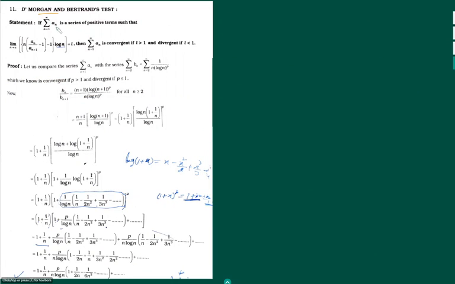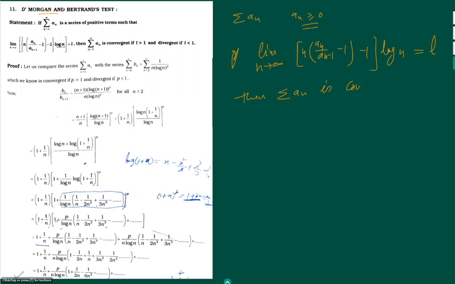So this is De Morgan's and Bertrand's test. De Morgan and Bertrand test says that if An is a series of positive terms, and if the limit of n times (An over An plus 1 minus 1) minus 1, times log n, if this limit as n tends to infinity is equal to L, then this series is convergent if L is greater than 1, and this series is divergent if L is less than 1.